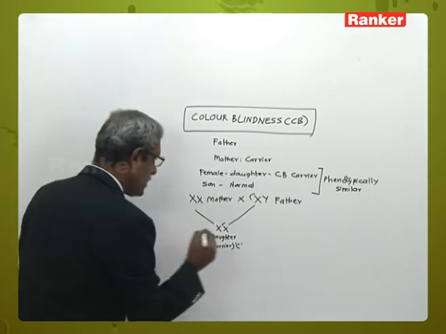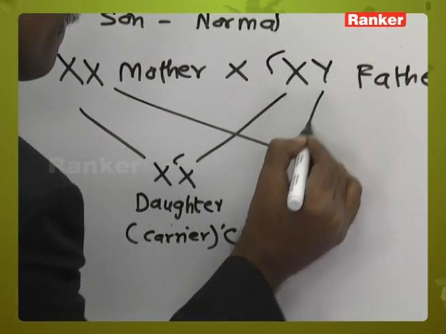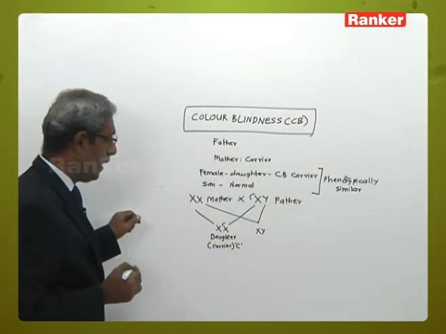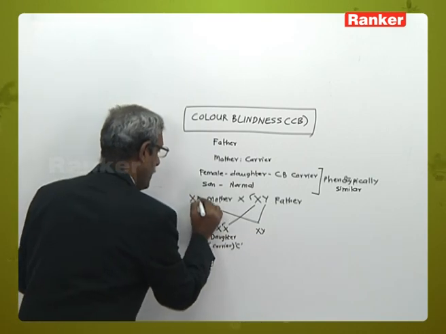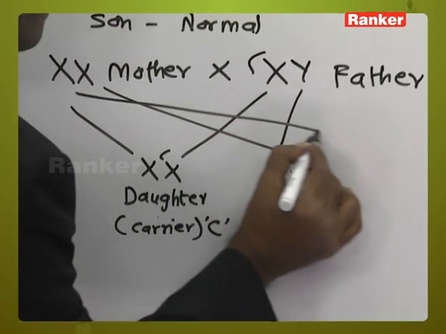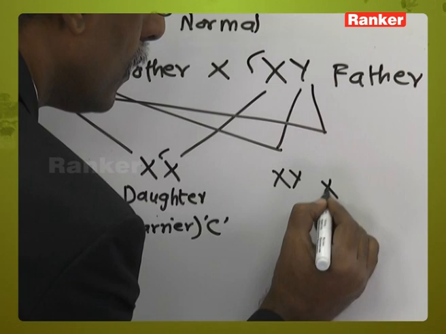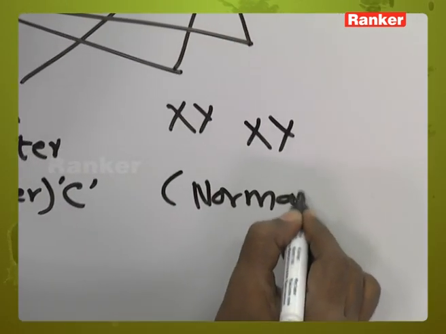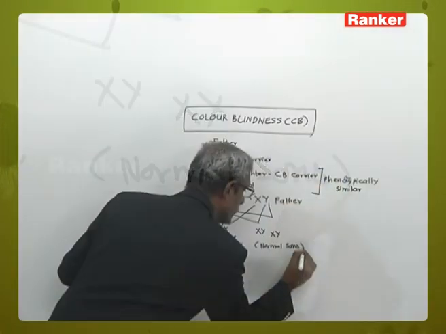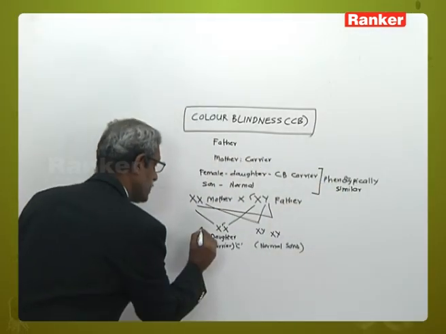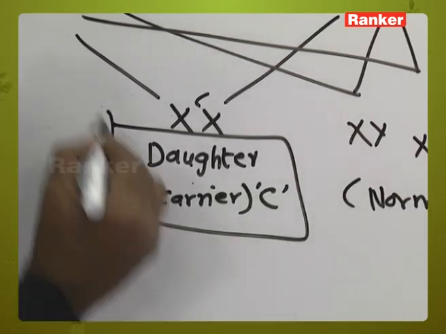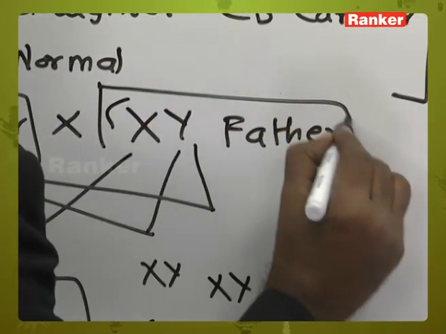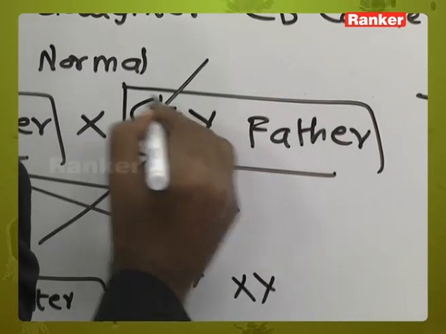And an XY as well as another XY could always result in normal sons. So, daughters are carriers, the mother is a carrier, and the gene for color blindness is inherited from the father.